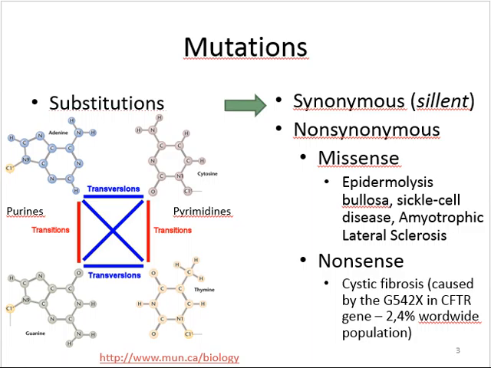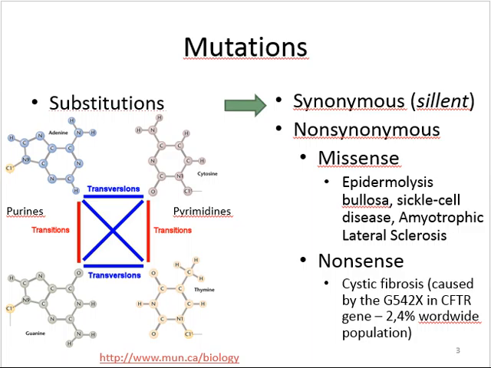So if the result in the protein is silent, it's synonymous, there's no big change in the protein. But these substitutions can cause changes in protein. These are called non-synonymous mutations. And these consequences may be a missense or a nonsense.